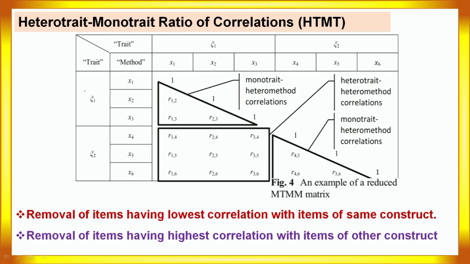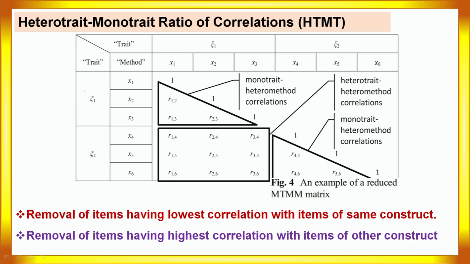Now, let us understand what the parts of this HTMT ratio are. To calculate the heterotrait-monotrait ratio of the correlation, you need to clear your understanding about the formula. Before you go to the formula, you have to understand what the parts of the formula are.